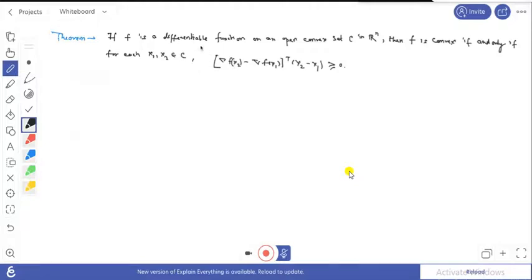Okay, this proof is very simple, and you only have to use the previous formula.